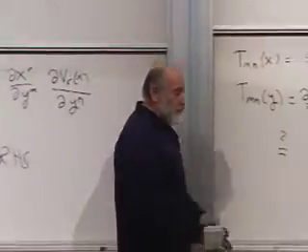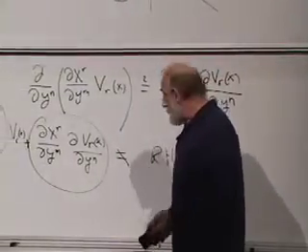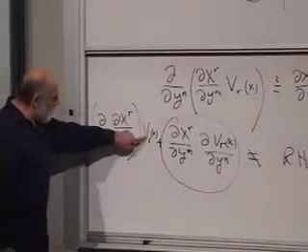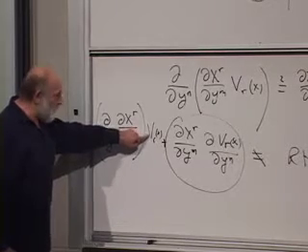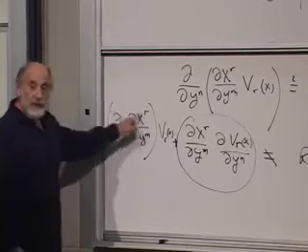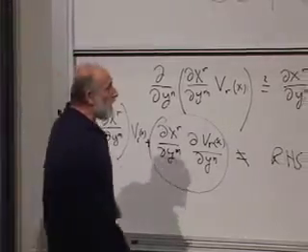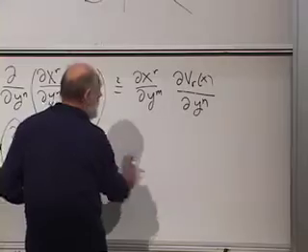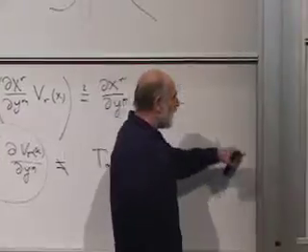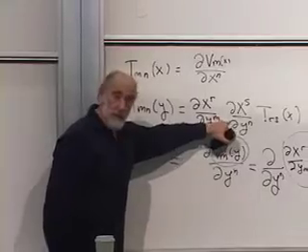That suggests that we have to do something a little bit different to differentiate a tensor and get another tensor. The difference involves an extra term which has not got derivatives of the vectors in it, but has funny derivatives associated with the relation between coordinates. The right-hand side is, by definition, T^mn of y. I just read it off here. Assuming this is T^mn of x, then this must be T^mn of y because it transforms in the right way.